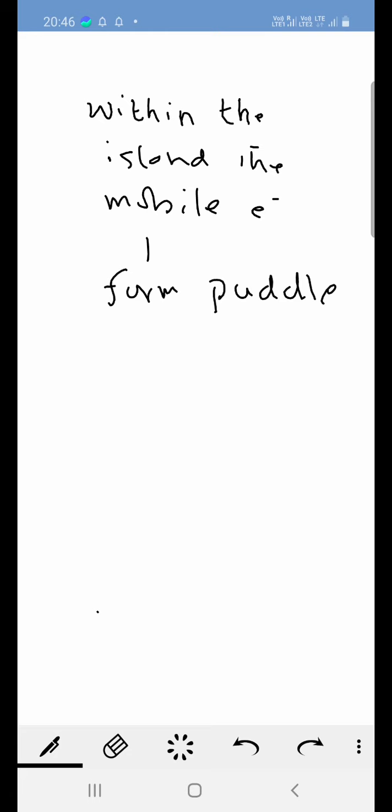Now, literally a puddle means a very small pool of usually dirty or muddy water. So it forms a small pool of electrons, and so you have an island. Within that island, you have some small pools of electrons made up by the mobile electrons, and this puddle is surrounded by a depletion region.